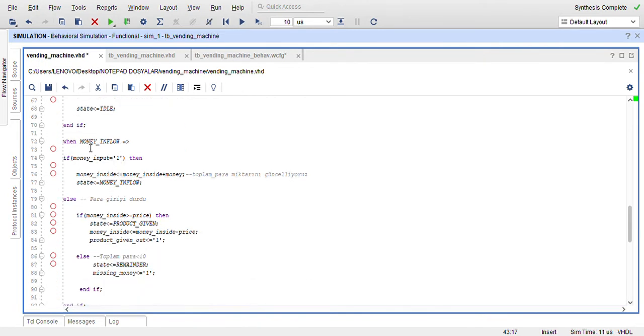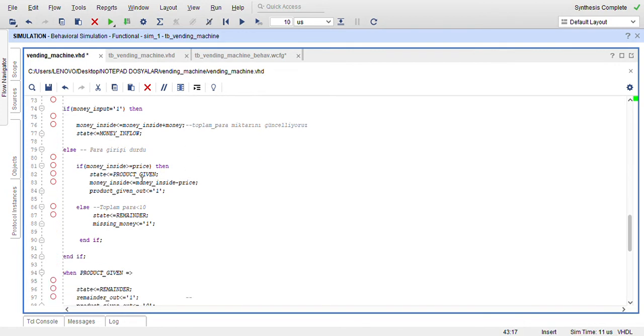Then at money inflow state, if money input continues, money inside is equal to money inside plus money, then state will again be money inflow. Else, our money input is 0. It has an if inside it. If money inside is equal to or bigger than price, then state product given.